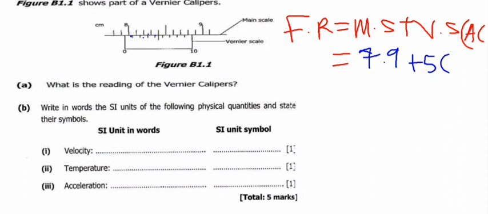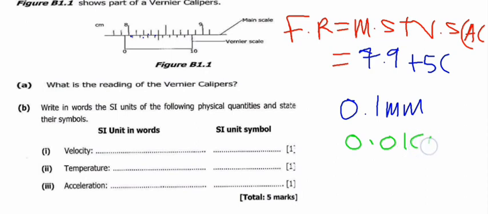Now on this part, the accuracy of the vernier calipers and the accuracy of the micrometer screw gauge are different. As for the vernier calipers, the accuracy in millimeters is 0.1 millimeters. Apart from this, we also have the accuracy of the vernier calipers in centimeters, which is 0.01 centimeters.